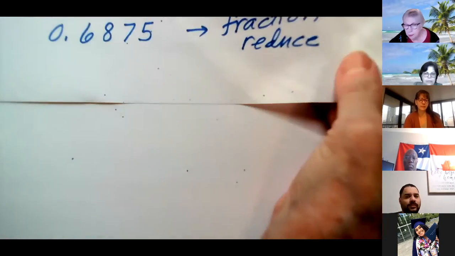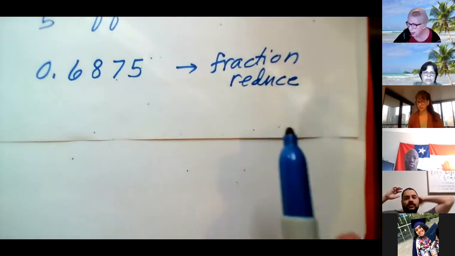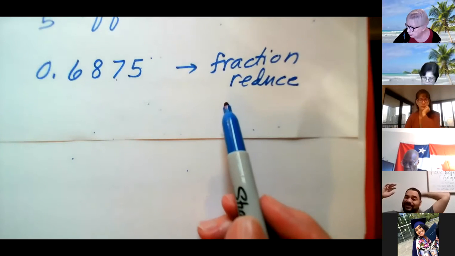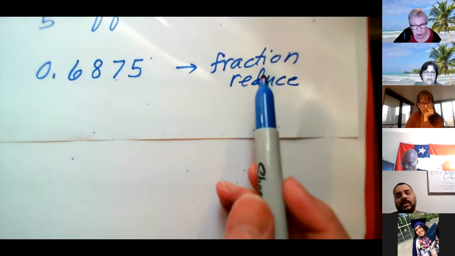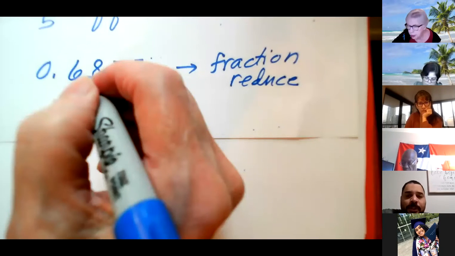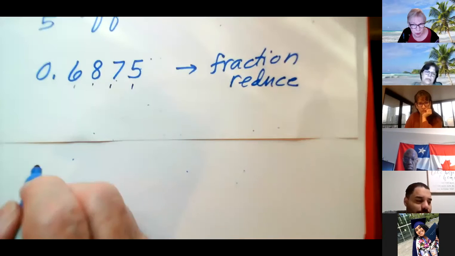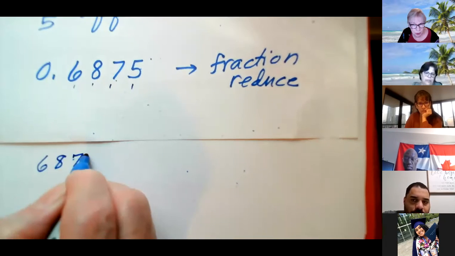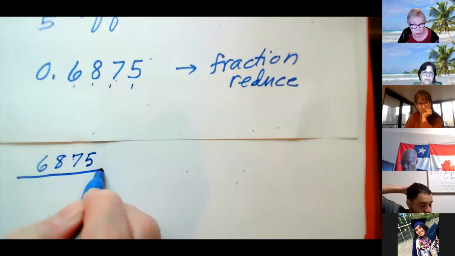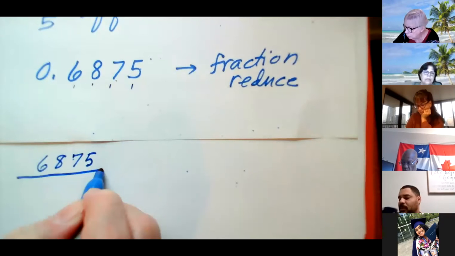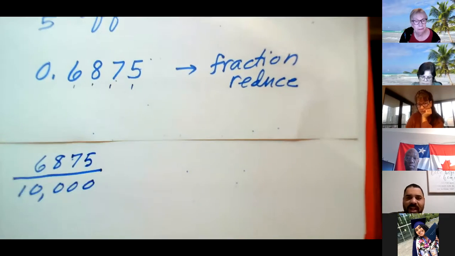Okay. Let me do this last one, and then I'm going to go to the last section. We want this as a fraction, and this is quite a big fraction. This is tenths, hundredths, thousandths, 10,000ths. So you would have to have 6875 over 10,000. Notice it has 1, 2, 3, 4 zeros.